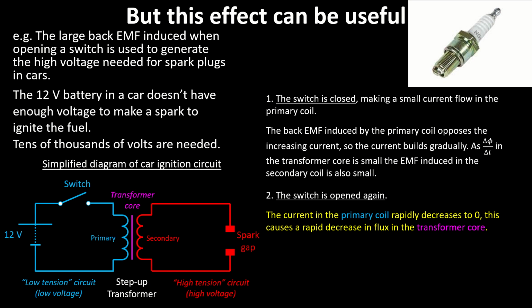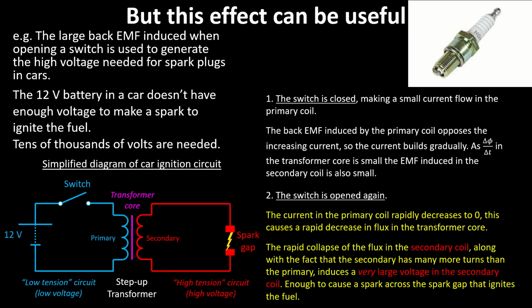The flux drops from whatever value it was to zero quickly. That means you get a rapid collapse of the flux in the secondary coil, and that, combined with the fact that the secondary coil has a lot more turns than the primary coil, you get a very large voltage in the secondary coil. Tens of thousands of volts, enough to get a spark across the spark gap, and that ignites the fuel, and that makes your car go.